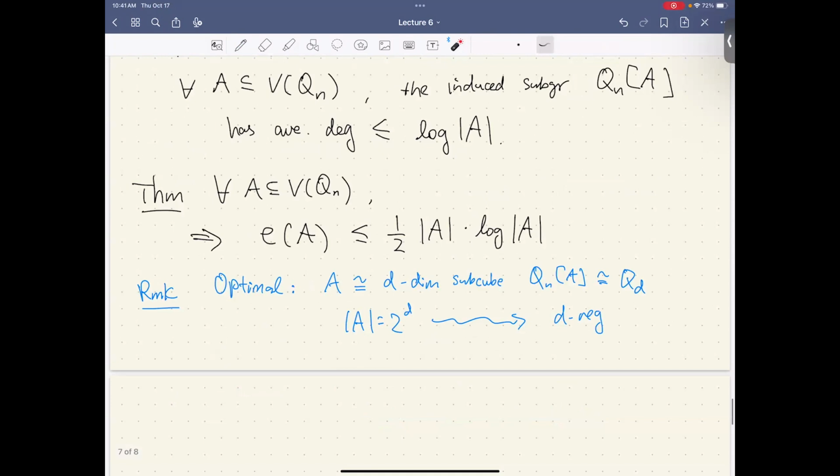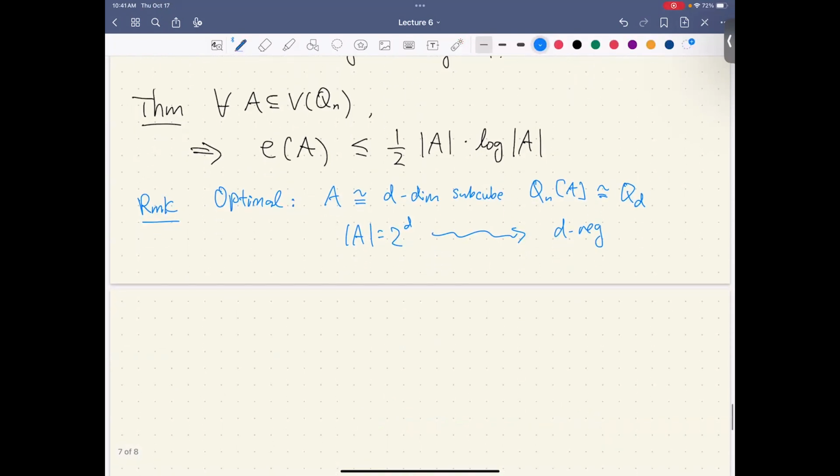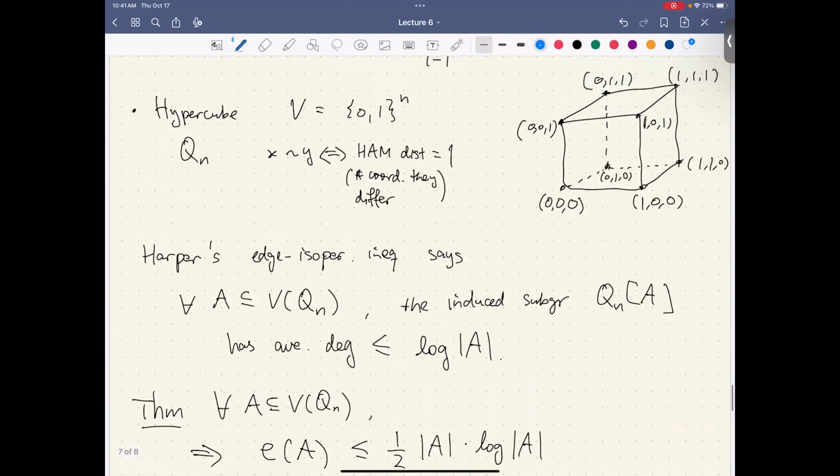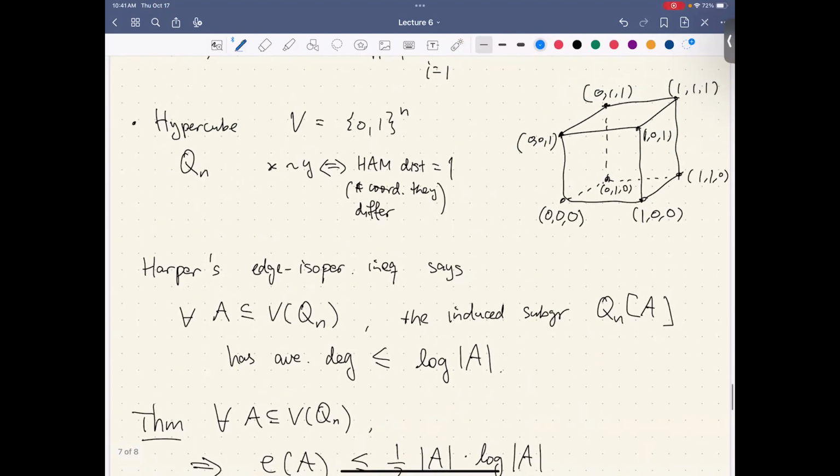So let me introduce some notation. The first notation: for the edges in the hypercube, we can give them a direction. Vertices are n-dimensional binary vectors, so n is the number of coordinates. We have n directions. This is direction 1, the first coordinate. This is direction 2, the second coordinate.